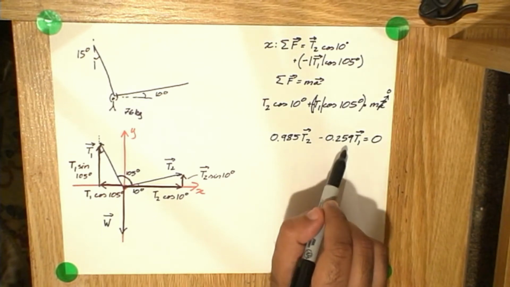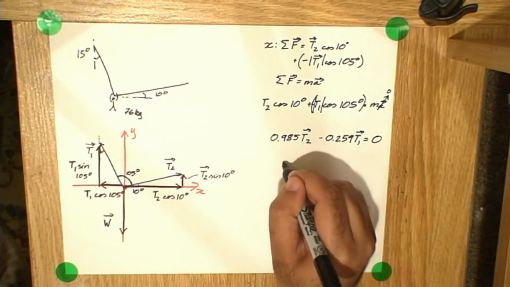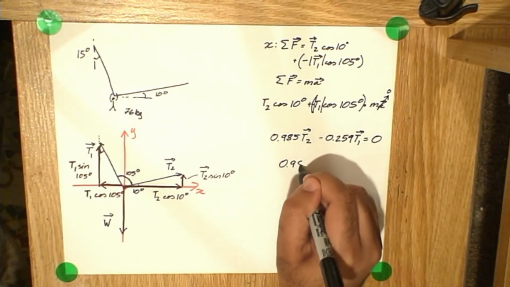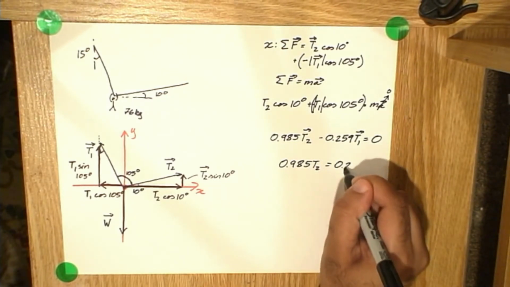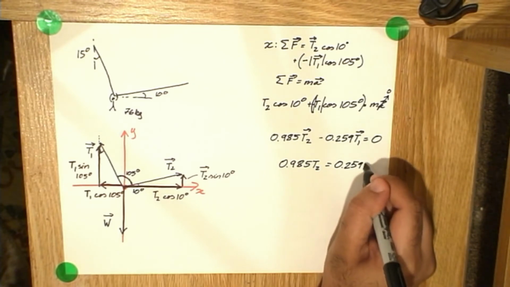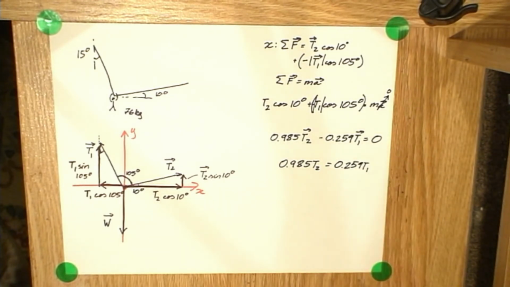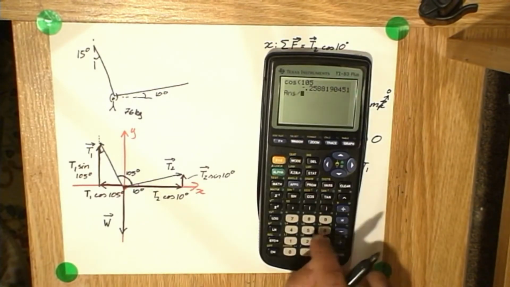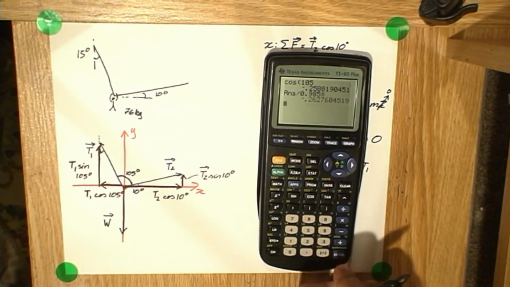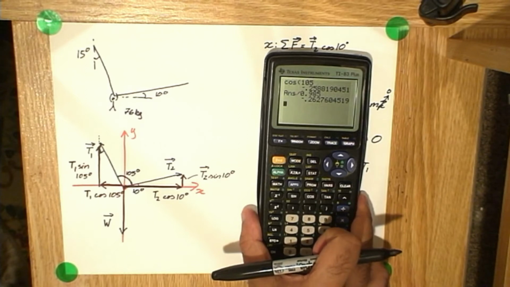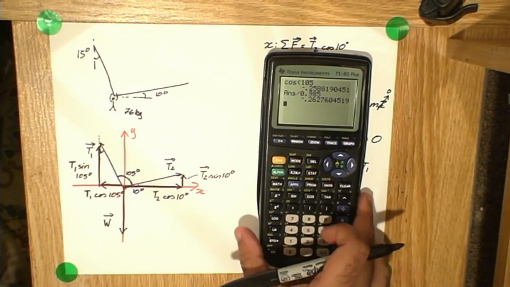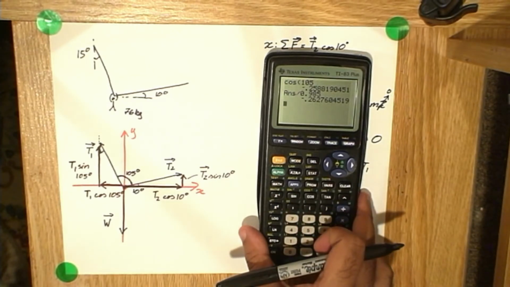So I can move this to the other side, and we would get 0.985 T2 equals 0.259 T1. Then divide both sides by 0.985, and we get, since we've moved it, positive 0.263.